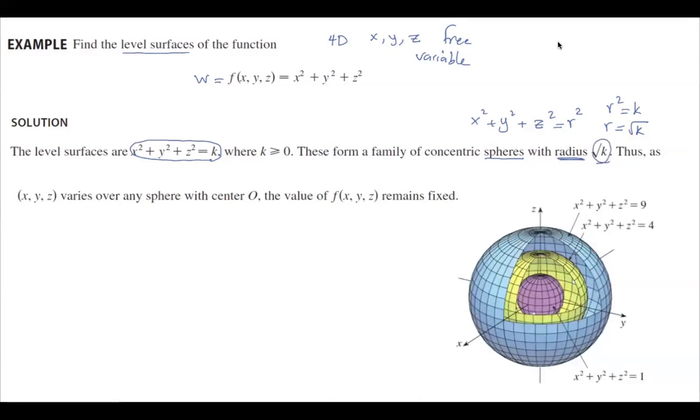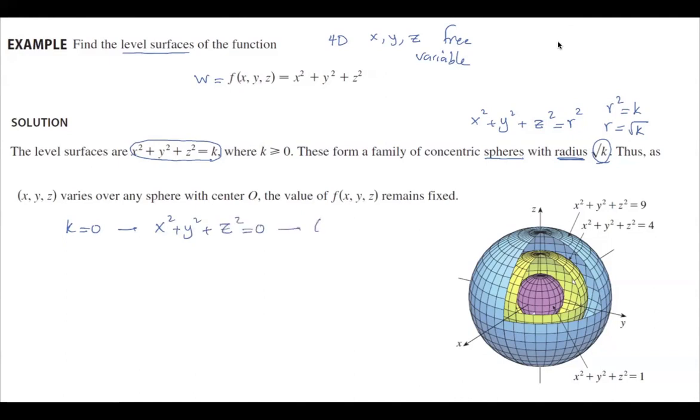Now, the visualization should be very easy for you. Why is that? If I set k equal to 0, this is basically the center. K equal to 0, you have x squared plus y squared plus z squared equal to 0.